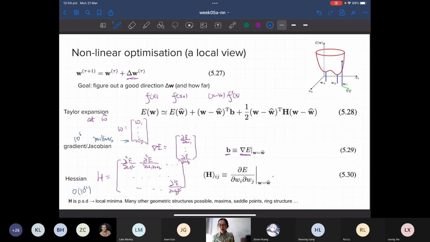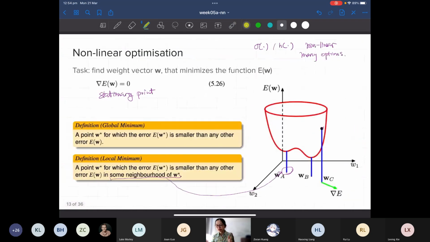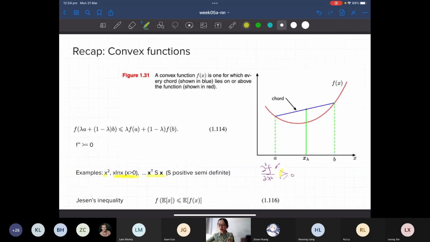So, the reason we talked about convex structures is that when the Hessian matrix is positive semi-definite, so this is the slightly formal notion, the second order derivative is greater than or equal to 0, the condition of positive semi-definite.